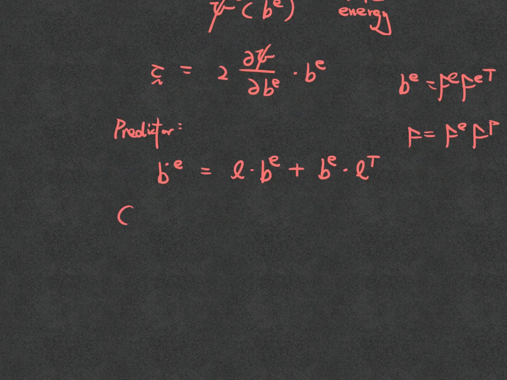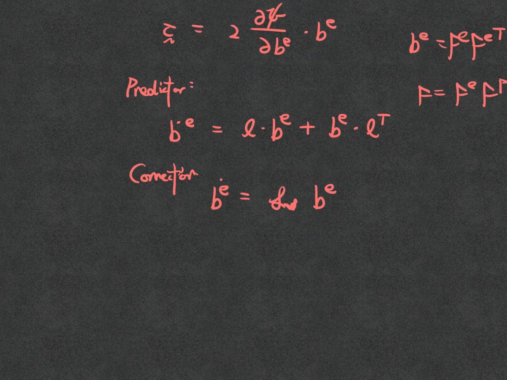And in the corrector, I would also need to introduce new notation, where B^e dot is the Lie derivative of B^e.